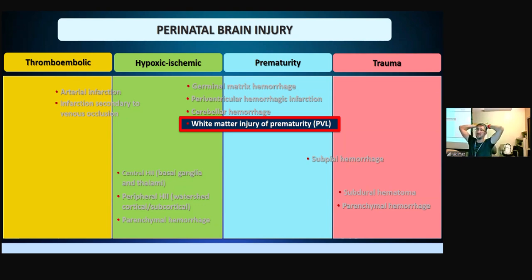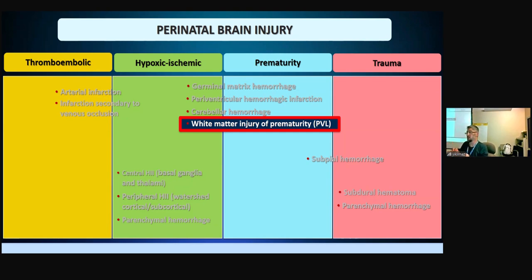So we continue with white matter injury of prematurity. Recently, I lectured to NICU, and they also say PVL. PVL is the older vocabulary, and it's incorrect because there is no malacia.